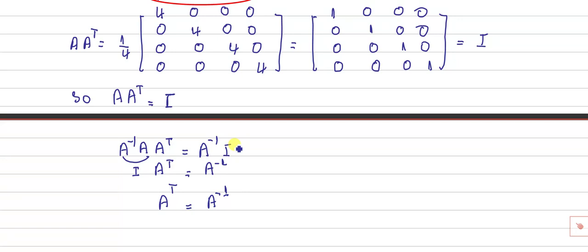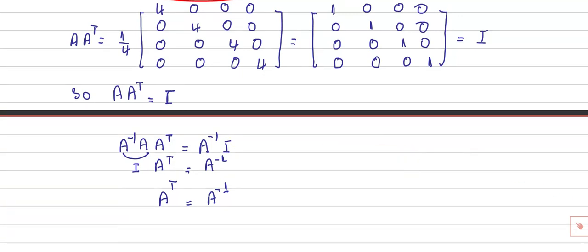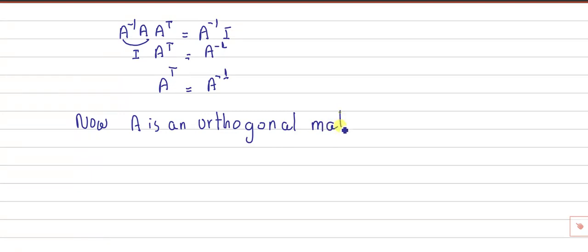Following our property of orthogonality, now we get A is an orthogonal matrix.